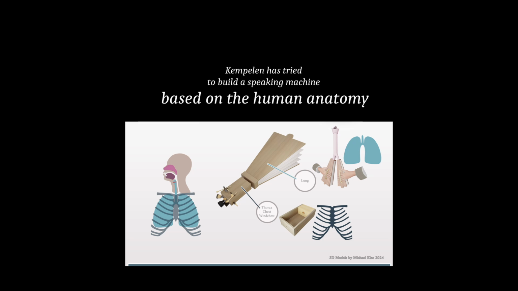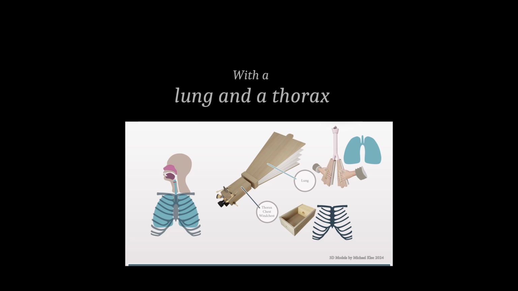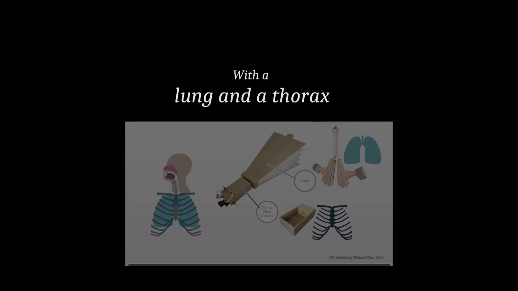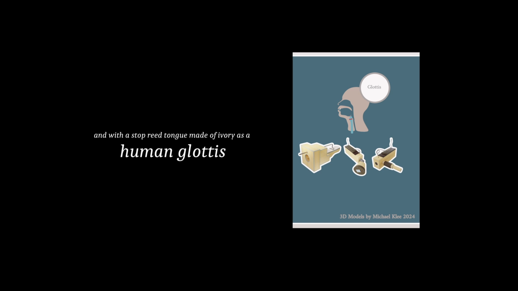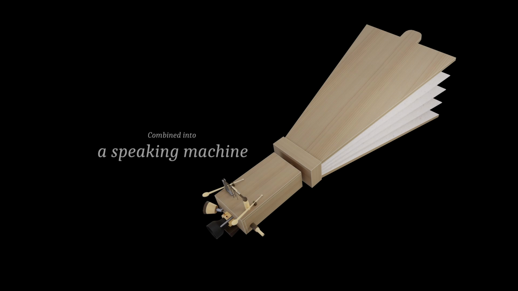Kempelen has tried to build a speaking machine based on the human anatomy, with a lung and a thorax, with a nose and a mouth, and with a stop-reed tongue, made of ivory, as a human glottis. Combined into a speaking machine.